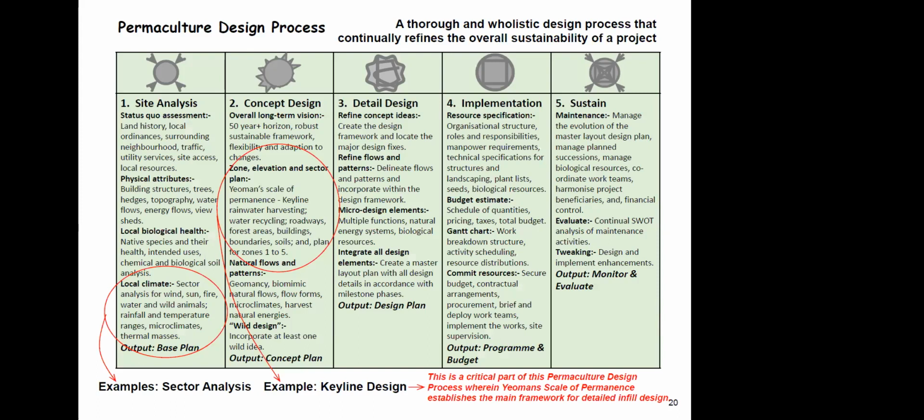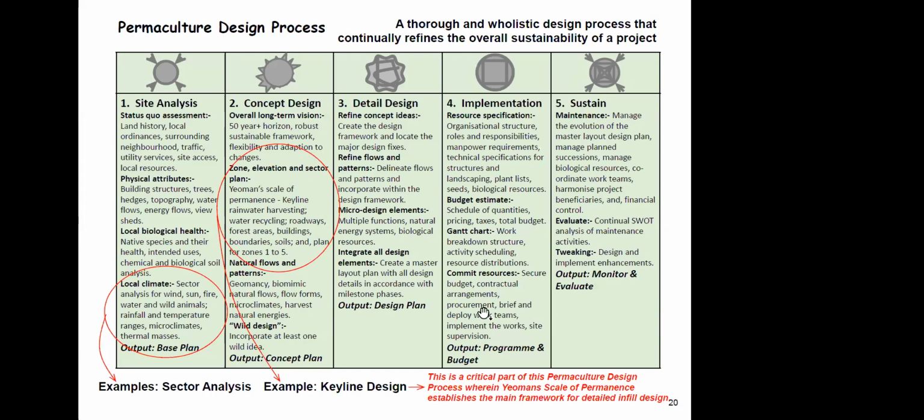So the permaculture design principles were a bit wishy-washy for me, and I tried to consolidate them into a process that I could use them productively. So I defined the project cycle in permaculture as a site analysis, then evolving into a concept design, packing on more detail through a detailed design layout, and then implementing the project and then sustaining the project.